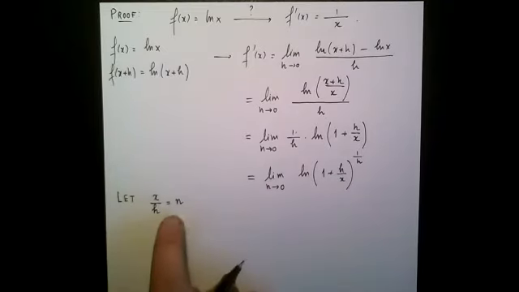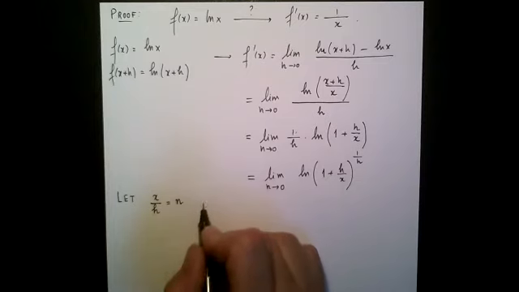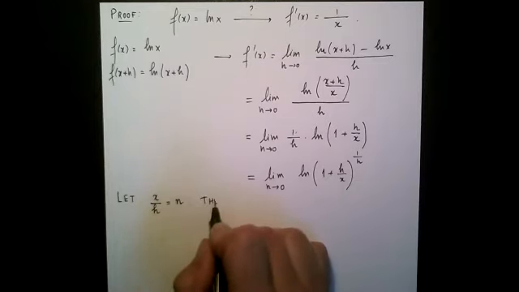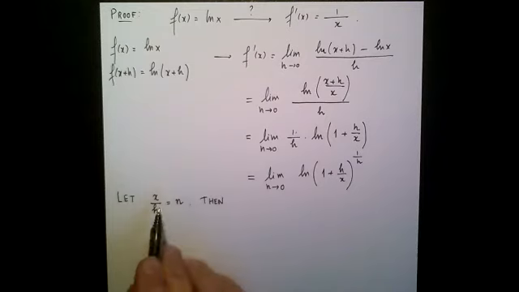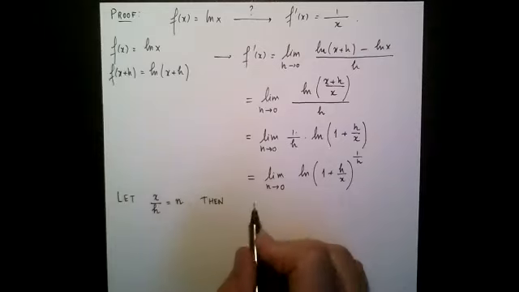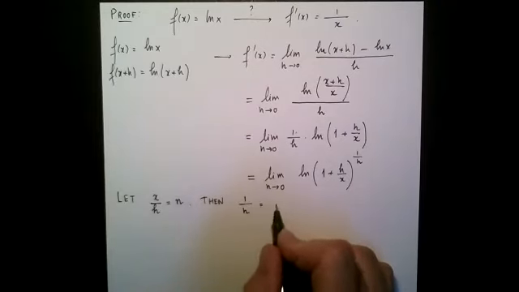Every time I see an x over h, I'm going to call it n. Then, if I divide both sides by x, I will get 1 over h equals n over x.